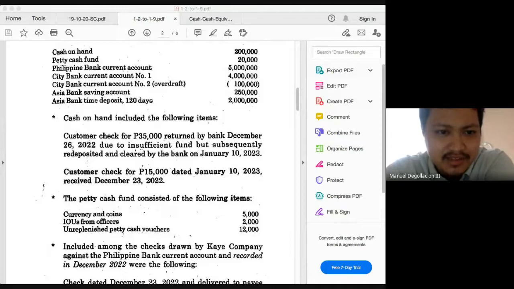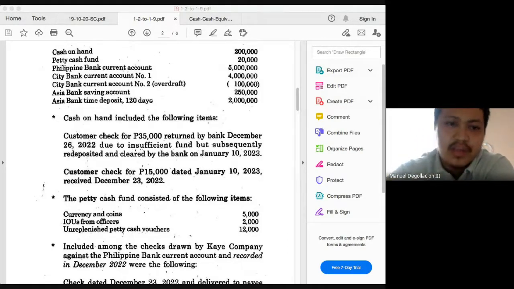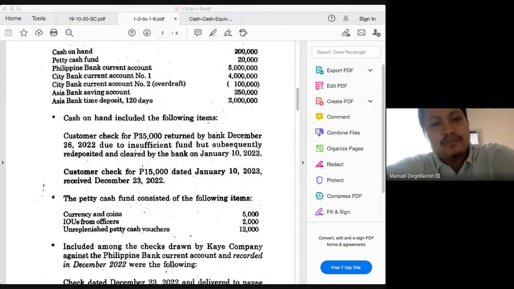The problem tells us that these items were included in our cash on hand. It was included even though it should not be, since the check no longer represents cash. So the 35,000 should be deducted from our 200,000 balance. I hope everyone sees the 200,000 I am referring to. It's the amount that corresponds to the cash on hand as reported by the entity on December 31, 2022.